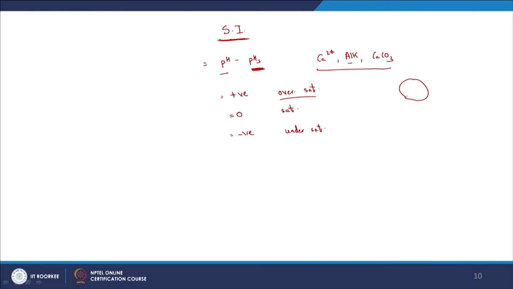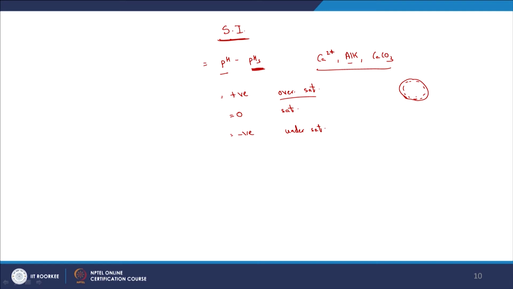And why do people look at this? Because in your distribution networks, you are going to end up having corrosion. But if you maintain the pH at the relevant value, you will have a protective layer of CaCO3 formed. Let us say this is the cross section of your distribution pipe, and you have a layer of CaCO3 scaling on the surface of your distribution system.